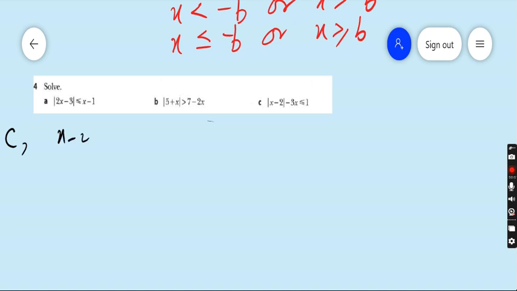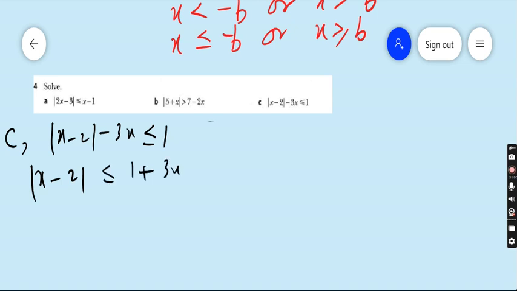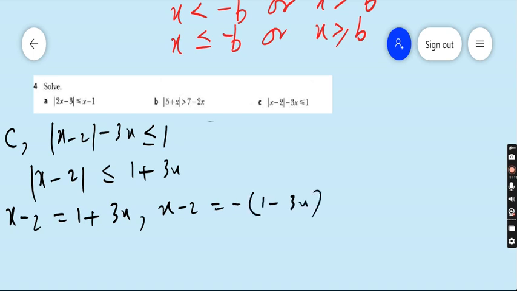X minus 2 minus 3x less than or equal to 1. First you have to write x minus 2 less than or equal to 1 plus 3x. So x minus 2 is equal to 1 plus 3x, and x minus 2 is equal to minus 1 minus 3x.